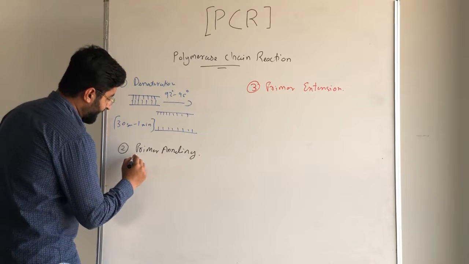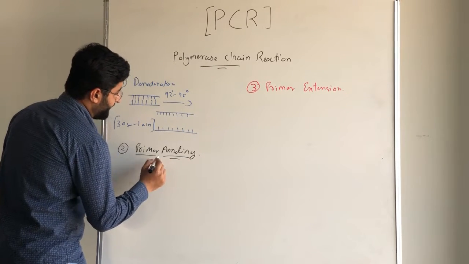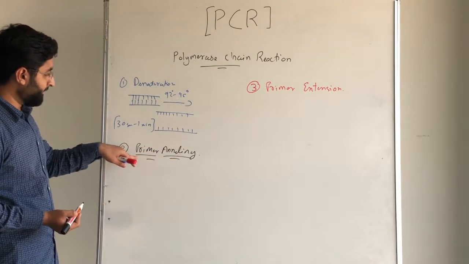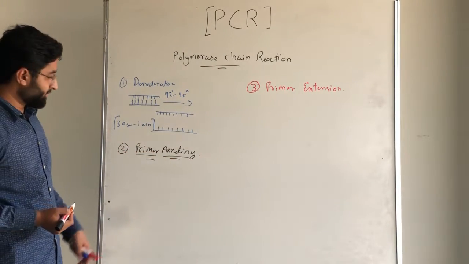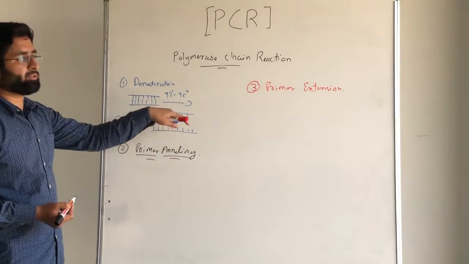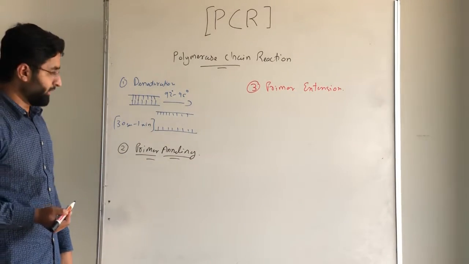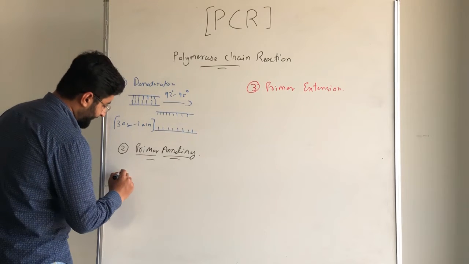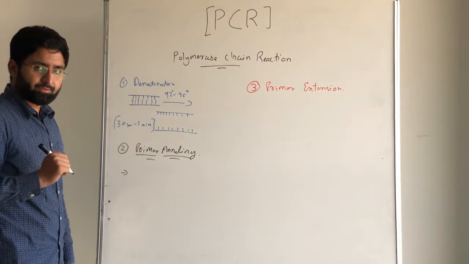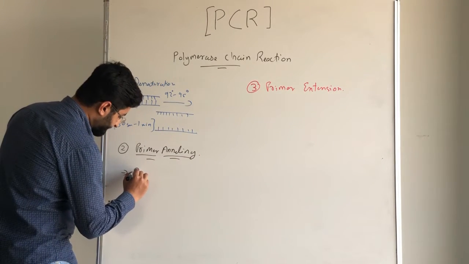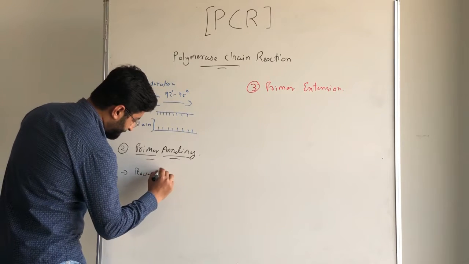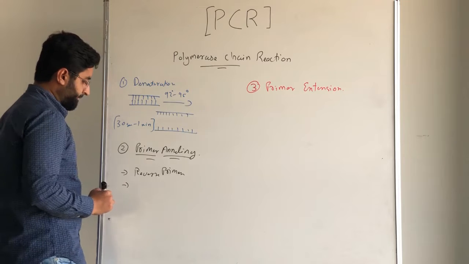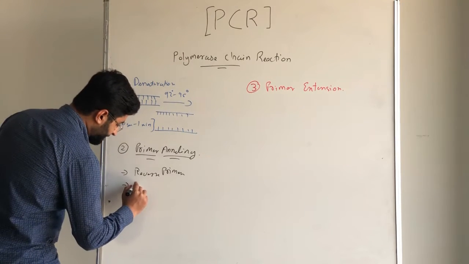So I have highlighted the name primer annealing. In general, the step is called annealing, but here I have even mentioned primer, because without the primer we won't be able to synthesize the new strand. So here we will be taking two types of primers. One is the reverse primer, second is, guess what, the forward primer.